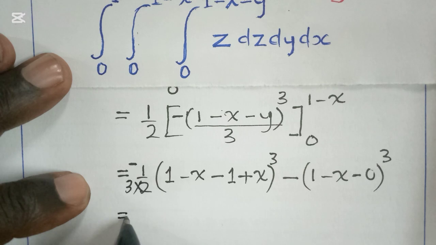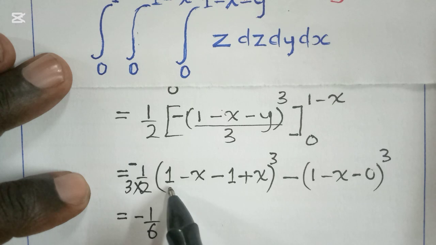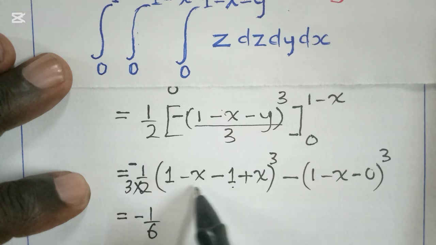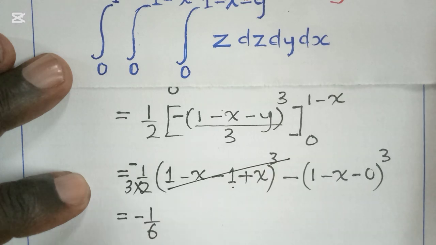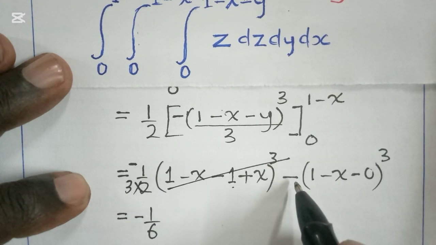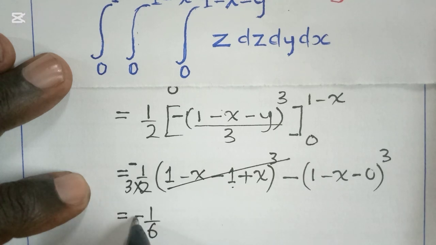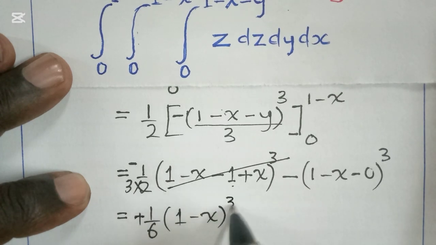So we shall have minus 1 over 6. Now the first term will be 1 minus 1, 0, minus x plus x, 0, so that one can cancel. We are left with minus, another minus, and another minus, so this one now becomes plus. So we shall have 1 minus x raised to 3.